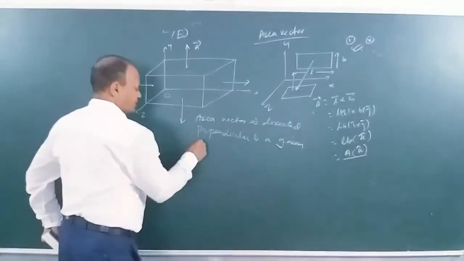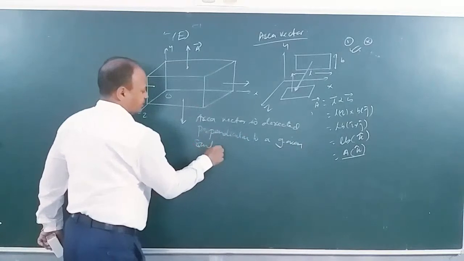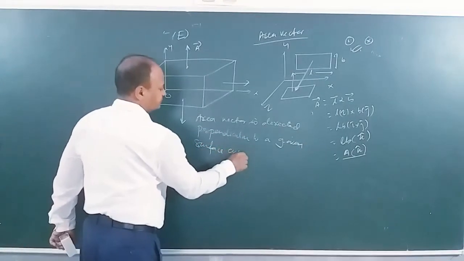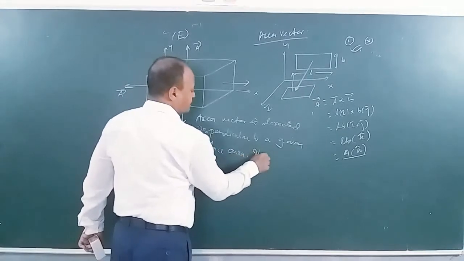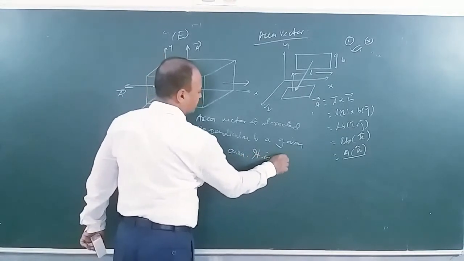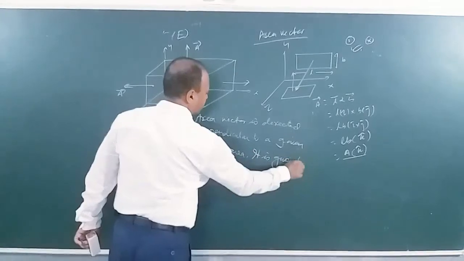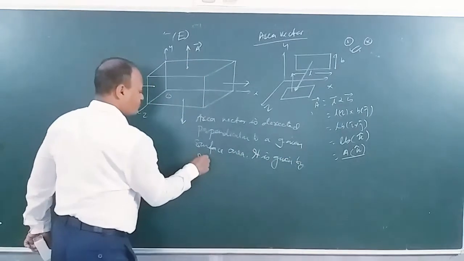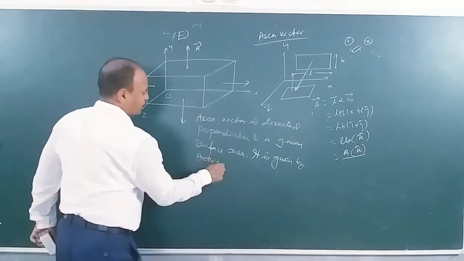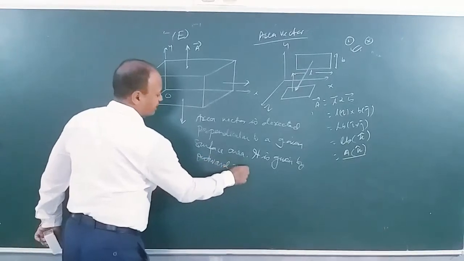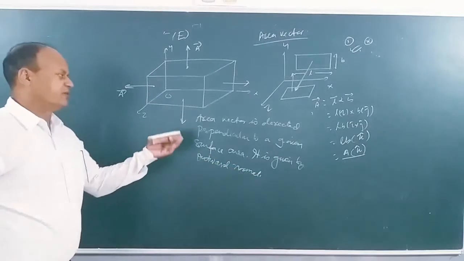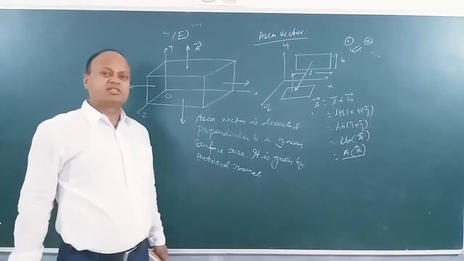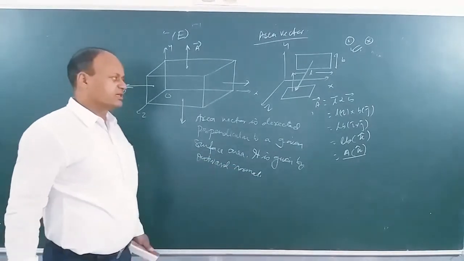It is given by the outward normal. So you bear this in mind: the area vector is placed always perpendicular to the given surface area in the outward direction.